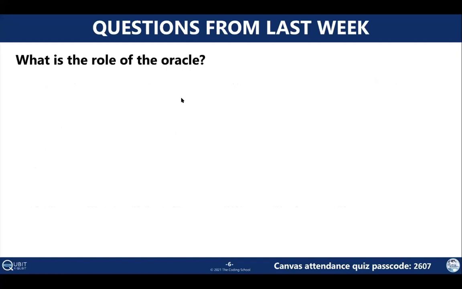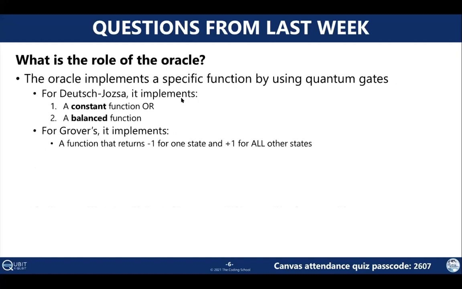But yeah, so we did have some questions from last week about the role of the oracle. So the oracle in general just implements a function using quantum gates, and uniquely with the Deutsch-Jozsa, let me make a nicer line. The Deutsch-Jozsa oracle will implement one or the other of these functions.